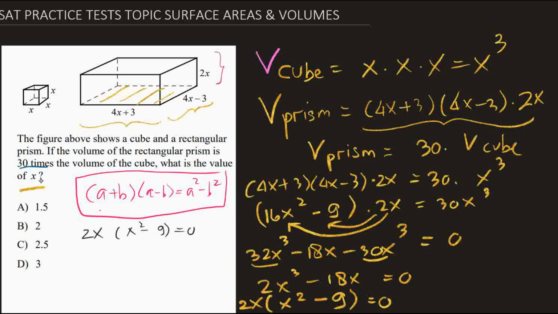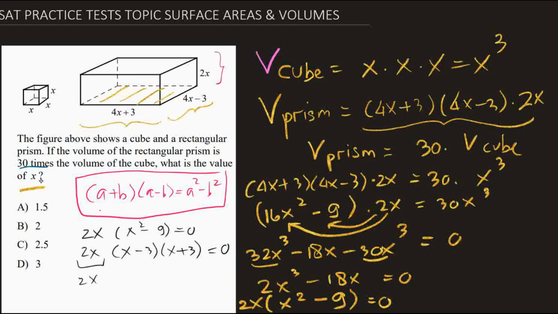So this will be 2x times x minus 3. Again, we use this formula. Now this x squared minus 9 is the a squared minus b squared. We have to factor it into x minus 3 and x plus 3 because the square root of x squared is x and the square root of 9 is 3. Equals 0. Now we have 3 possibilities.